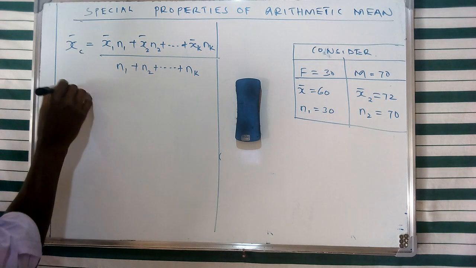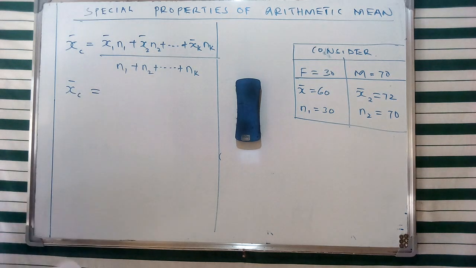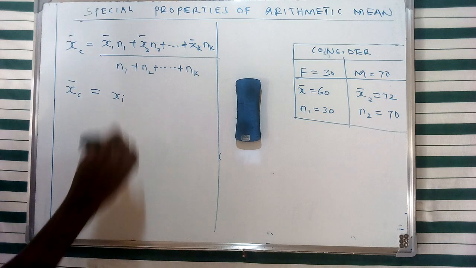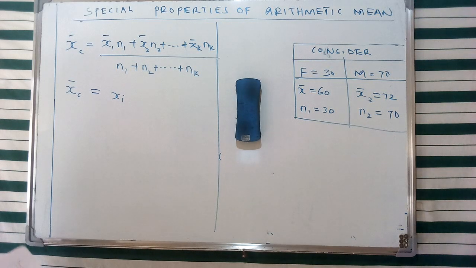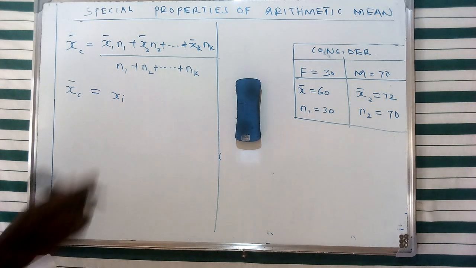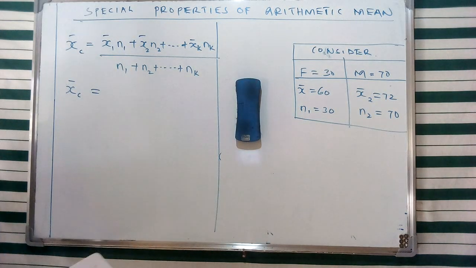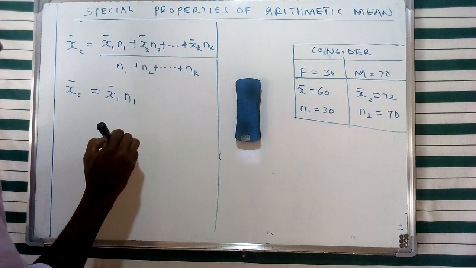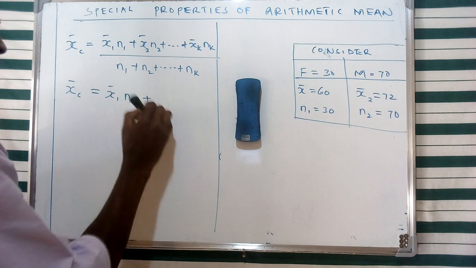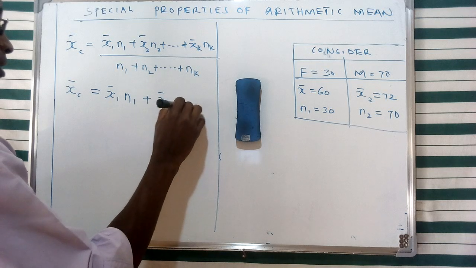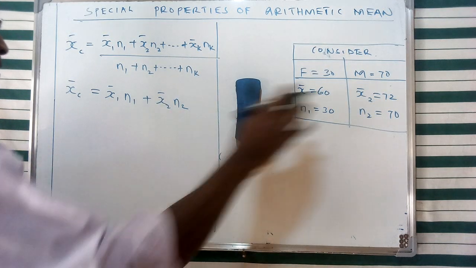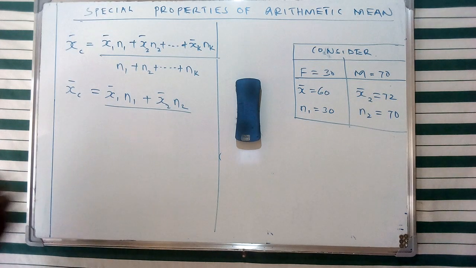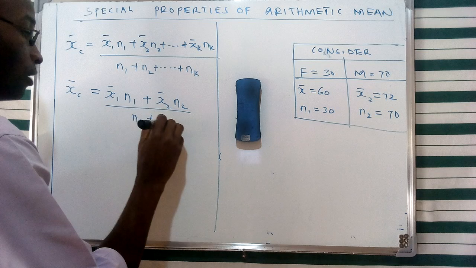Now we can reduce this formula by giving it as the summation of xi, where we're going to consider the first mean and the first observation n1, plus the second mean and the second observation n2, which is the total number of the other students, and then we're going to have this divided by the sum of n1 plus n2.